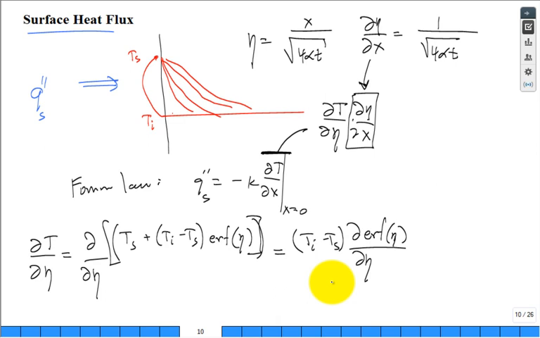Okay, remind me again, error function of eta is equal to 2 divided by the square root of pi times the integral from 0 to eta, it's the upper limit. That's where the eta is in this equation, of e to the minus u squared du. How am I going to differentiate that function?